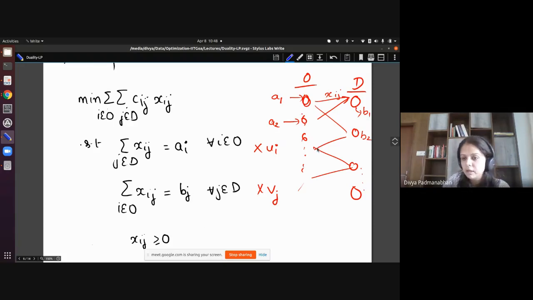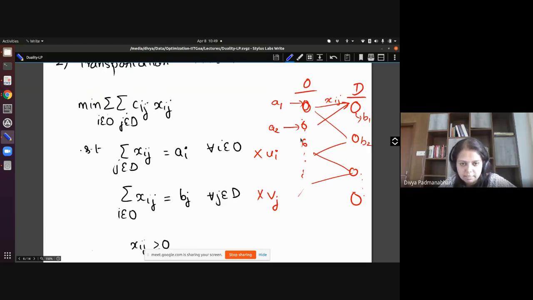Whatever you get on each of these incoming arcs should be exactly BJ. That's why this is a constraint, and there is a cost for sending units from I to J, and the cost for each unit is CIJ. So this is what you wanted to minimize. MTR is trying to minimize this objective subject to these constraints. So what is the quantity that has to be sent on each of these links?